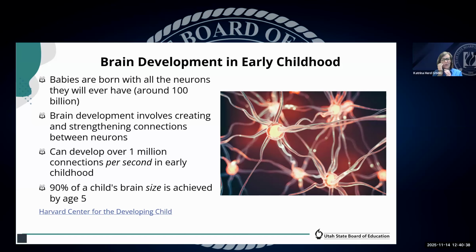There is this fun fact floating around out there that says 90% of a brain is developed by age 5. And that is a little bit of a misleading fact. The growth of the physical brain, your actual matter inside your head, is about 90% of your adult size at age 5.